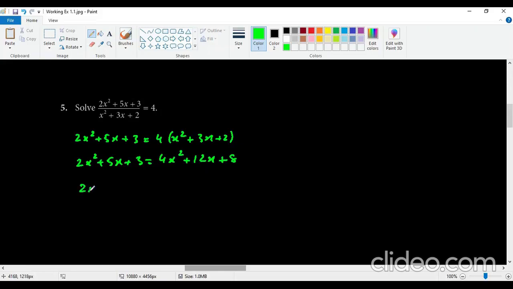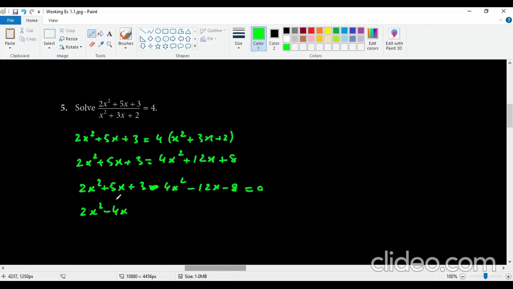So I will write 2x square plus 5x plus 3 minus 4x square and minus 12x and minus 8 equals 0. All these are going to go on the other side and change the sign.